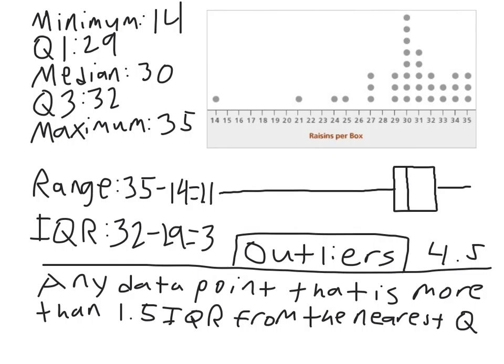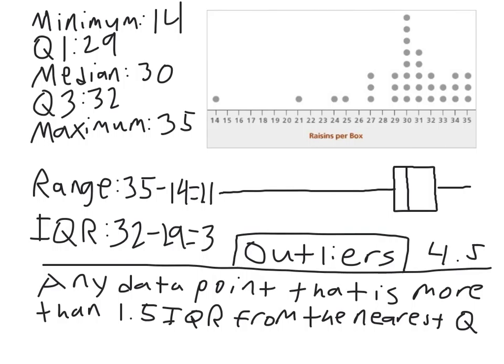So 24.5 is the mark where everything to the left of that would be known as an outlier. So if you were going to point out the outliers in this graph, what you would do is, instead of this section here being this whole line, you would actually stop it at the last dot before the outliers.